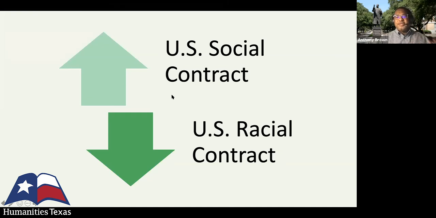So the idea that to die and to work for your country and then to not gain the spoils, for philosophers like Charles Mills, is the contract itself. It's not a broken contract, but the contract itself is established on the idea that being on the bottom is not by accident. It's anchored in place and held in place for the very purpose of sustaining this kind of hierarchy, racial hierarchy. You go to the next slide, please.